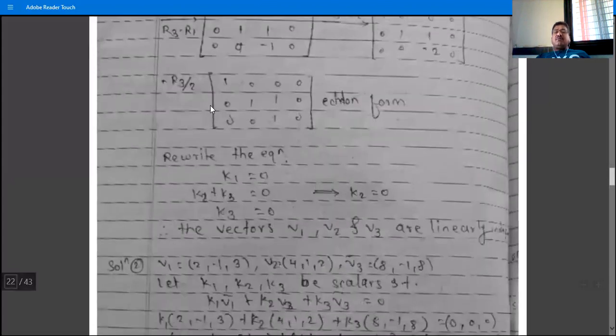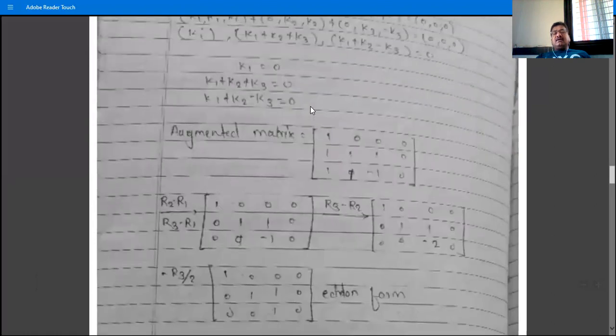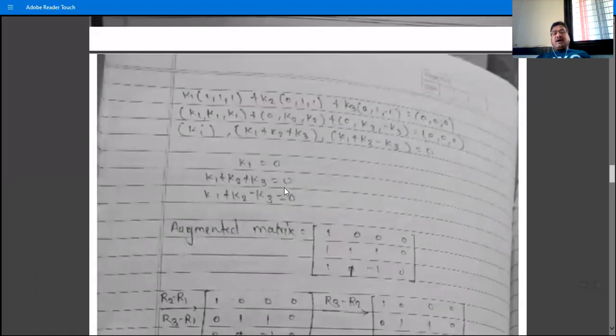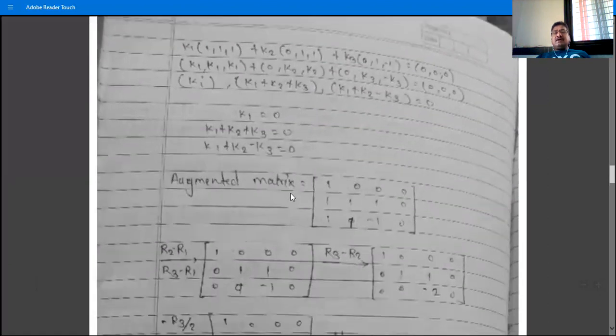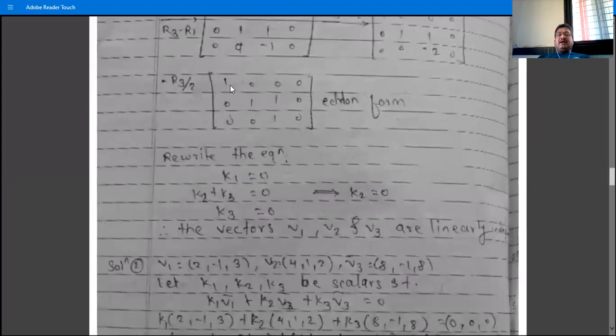That is, there is no need to write the rank of A and rank of AB.